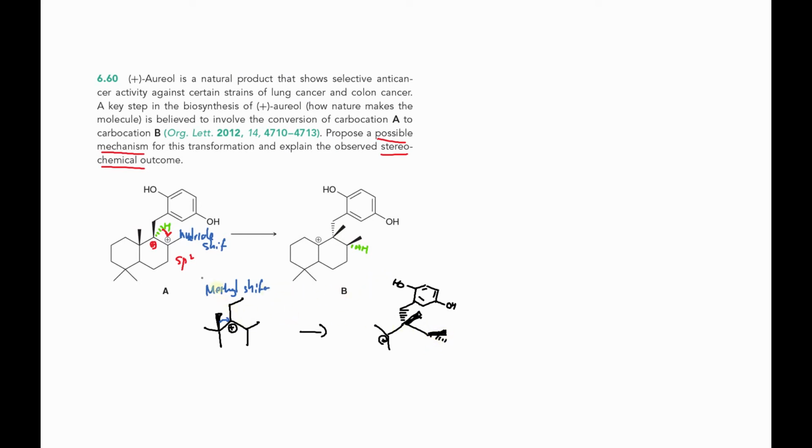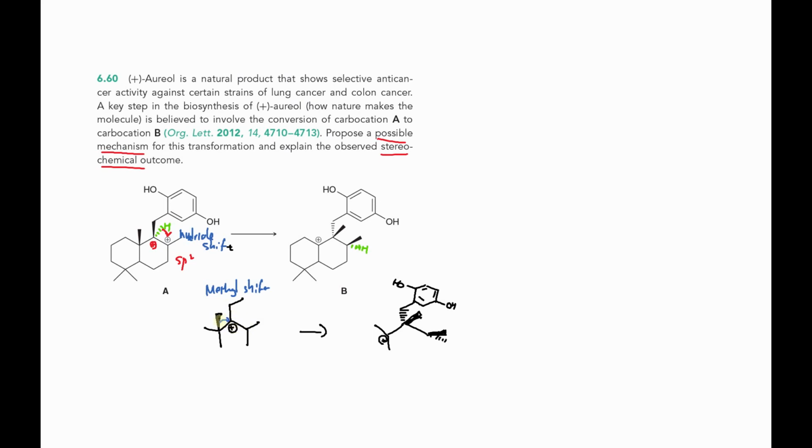Okay, so I explained we undergo a hydride shift first, and then the methyl shift next, and then the stereochemistry is still retained with respect to that dashed bond first, and that pops up our methyl. Then this methyl is still retained after forming the sp2 carbocation, which becomes flat here.